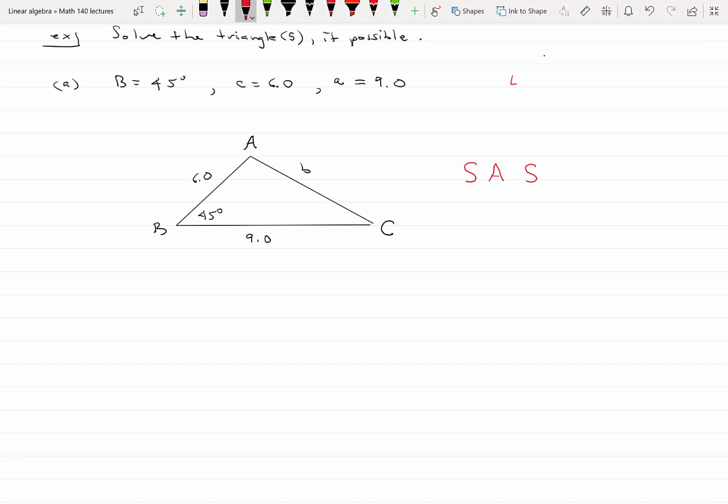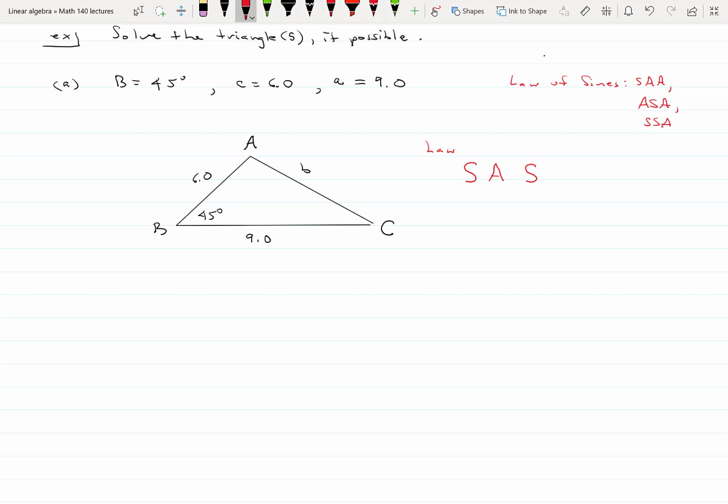So remember, law of sines was side angle, angle side angle, and side angle. And side angle side is not one of those.